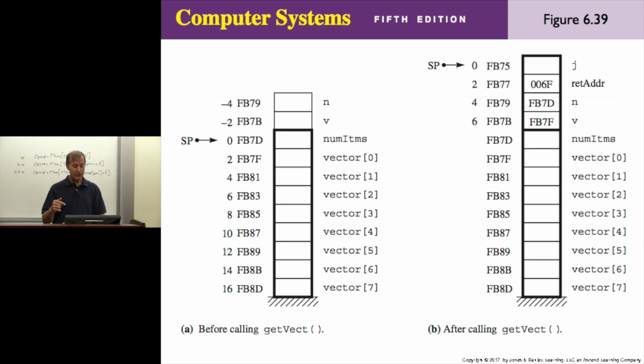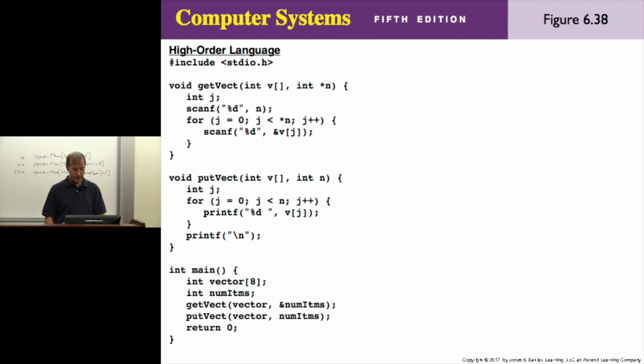In figure 6.39, part B is after calling a function called getVect, which is getVector. Let's take a look at the C program in figure 6.38.